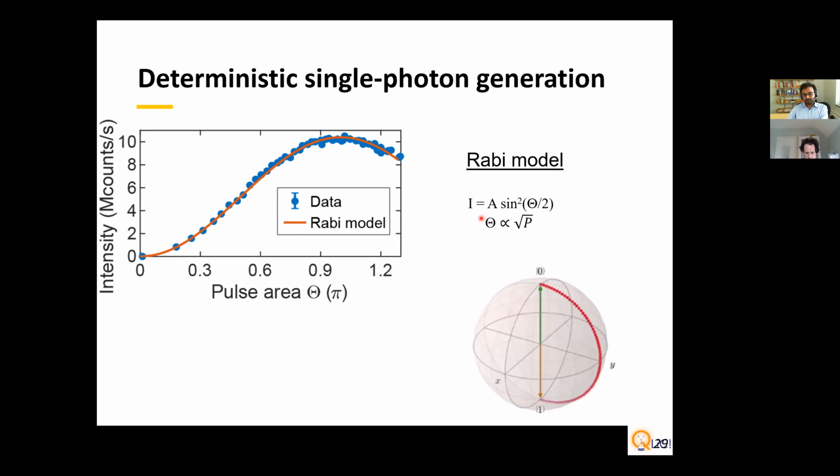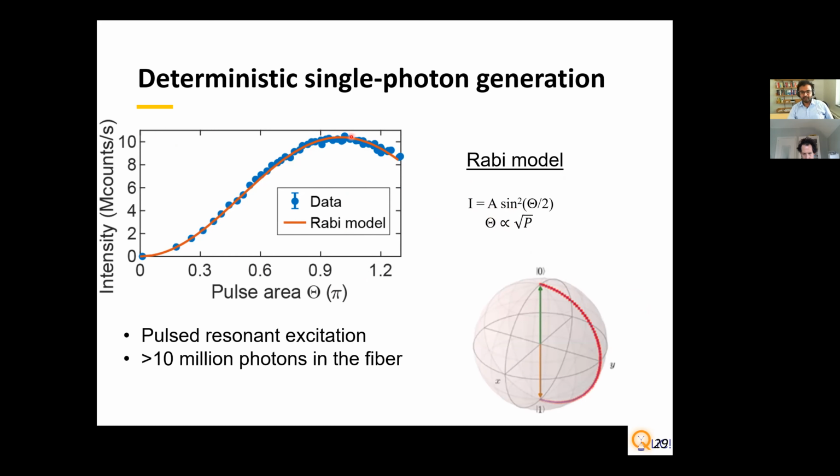I'm fitting the intensity to this function, which is sine squared of the pulse area. At pi pulse excitation, we reach detected count rates of about 10 million photons, which has been corrected for detector nonlinearities and all that. So we actually have about 10 million photons in the fiber.